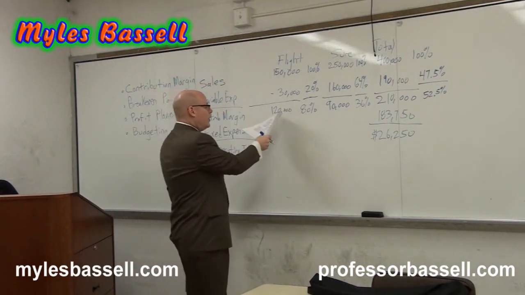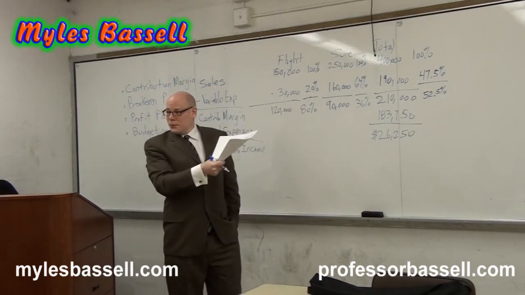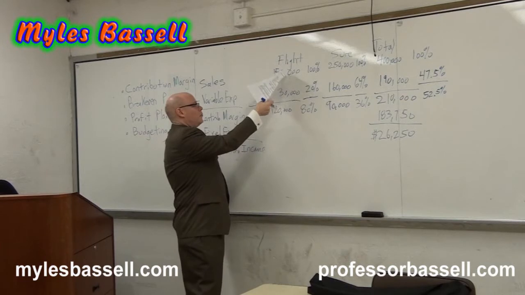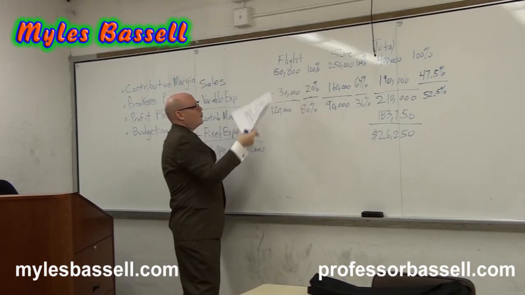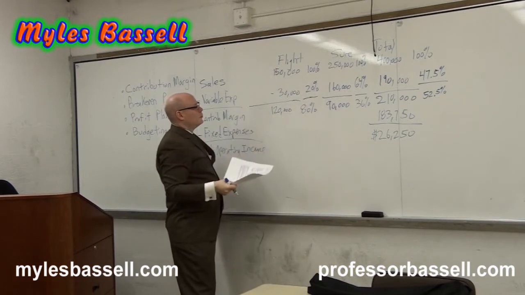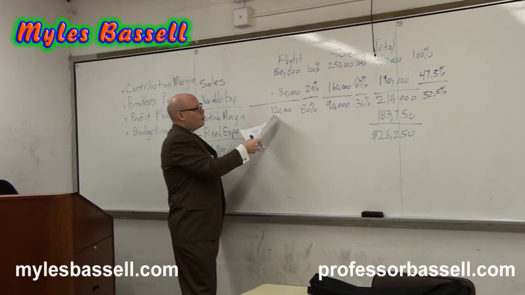Because this number actually could have been just 20,000. Suppose, let's say for example, this number was 50,000 instead of 100,000. Then this would be only, like, 47,000?